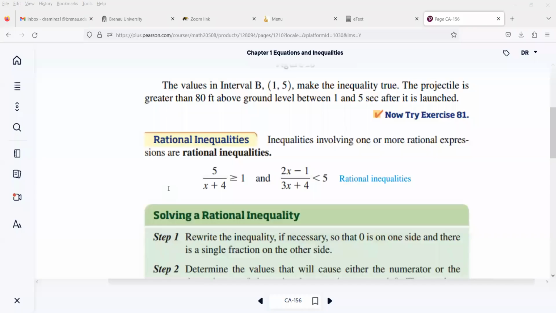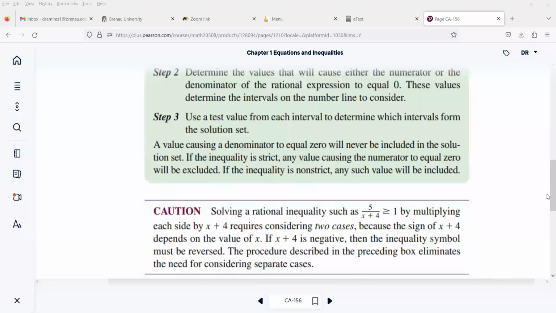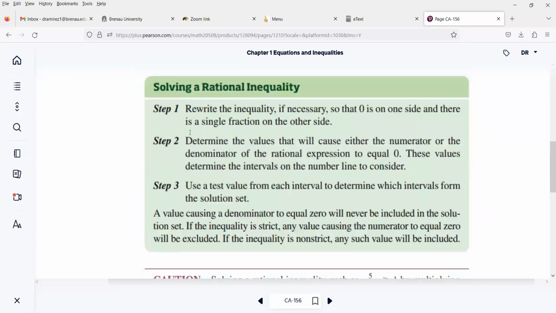So I'm just going to read this part. Inequalities involving one or more rational expressions are rational inequalities, like 5 over x plus 4 greater than or equal to 1, and 2x minus 1 over 3x plus 4 less than 5. Those are rational inequalities. So they give you a list of steps.